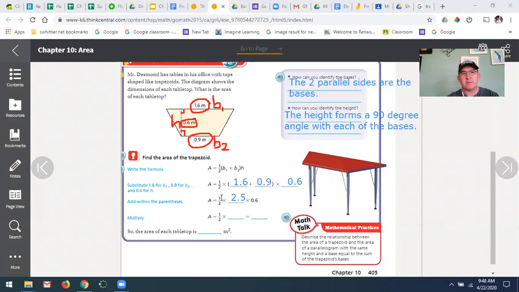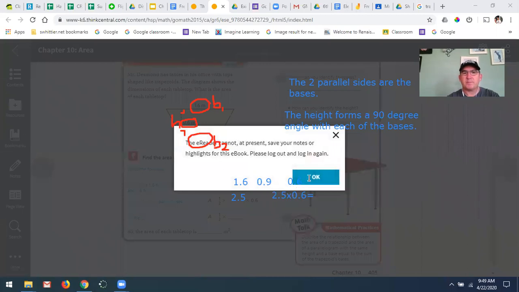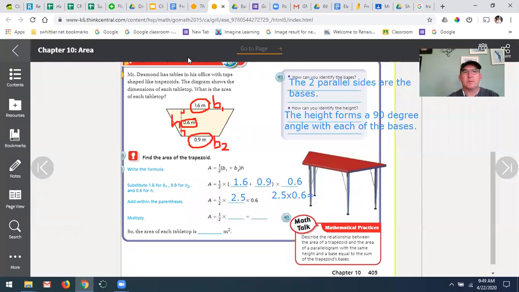But in here they're multiplying 2 and 5/10 times 6/10 first, so we can do that. 2 and 5/10 times 6/10 equals 1 and 5/10.